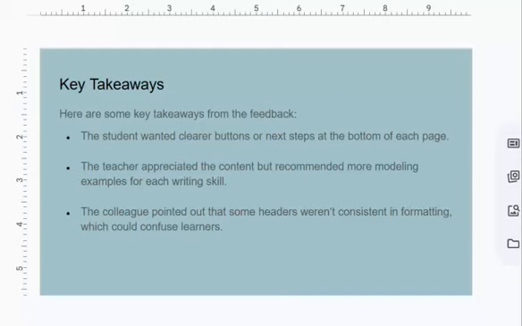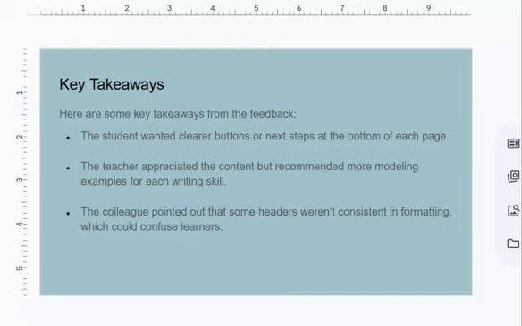The teacher appreciated the content but recommended more modeling examples for each of the writing skills. And my other colleague pointed out that some of my headers weren't consistent in the formatting, which kind of confused learners. If they were underlined, the students could have thought that was a hyperlink. So this feedback really helped me better understand what real users need for a smooth experience, not just what looks good in a design plan.